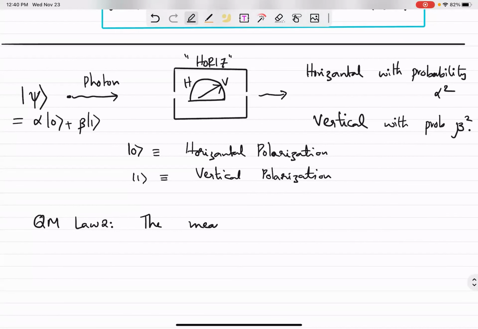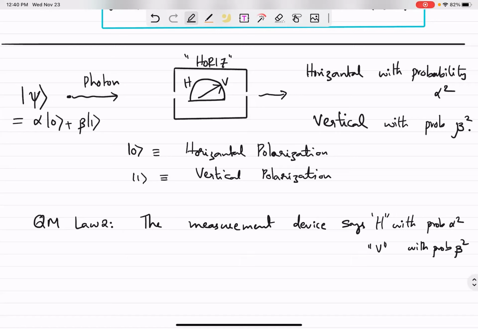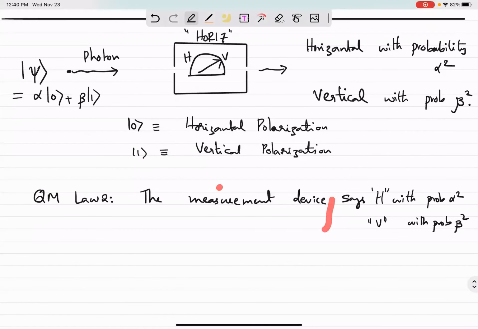So the measurement device says H with probability alpha squared, V with probability beta squared. Usually when you think of this measurement, you can say you measured it and the photon got absorbed at this time. But nature allows you to say something more.